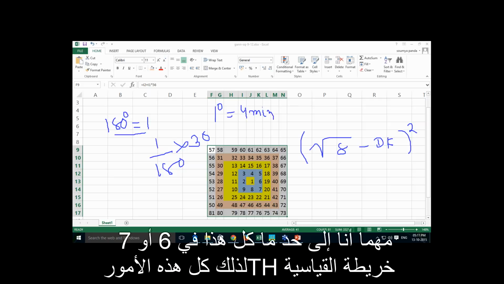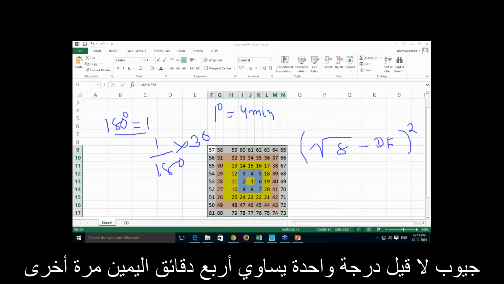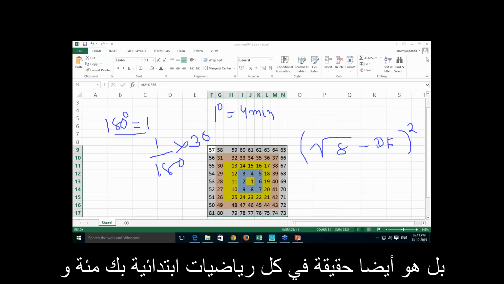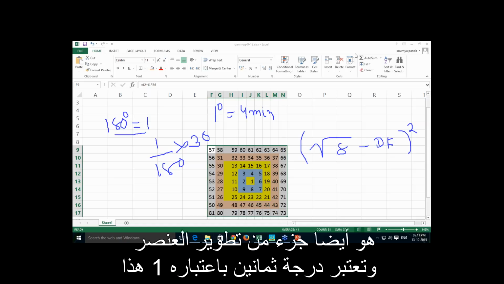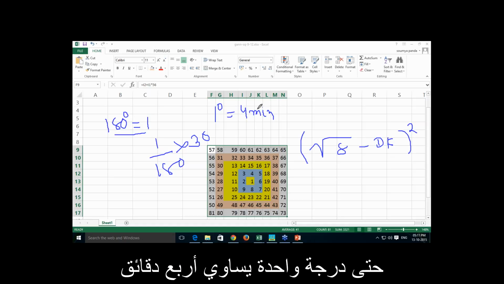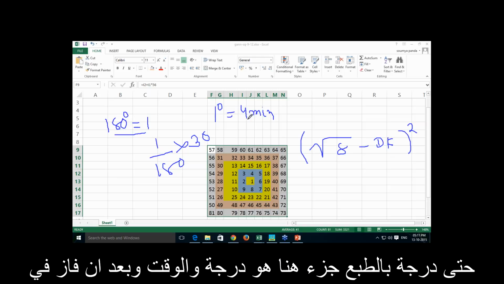All these things I am telling are 6th or 7th standard mathematics. 1 degree equals 4 minutes is not being told by Gann. It is also a fact in all your elementary mathematics. 180 degrees considered as 1 is also part of elementary mathematics.